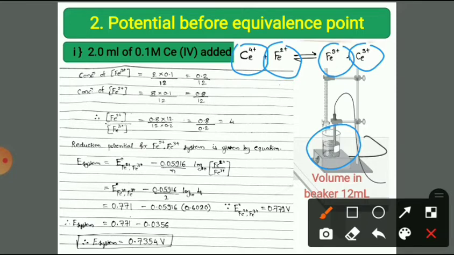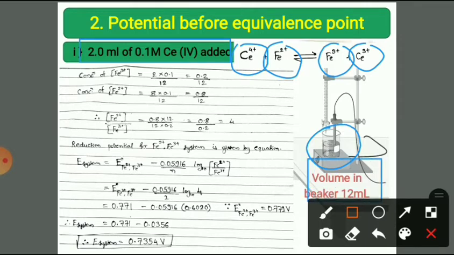So after addition of 2 ml of cerium 4 plus solution in the beaker, the total volume of the solution becomes 12 ml.